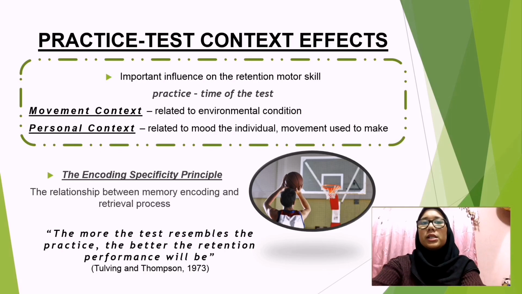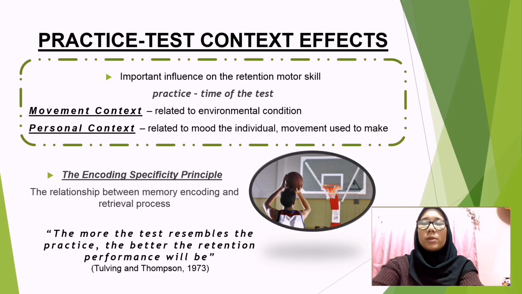The last one is the practice-test context effect. It is an important influence on the retention of motor skills. It is the relationship between practice and the time of the test. The context of movement is related to the environment, and the personal context is related to humans.